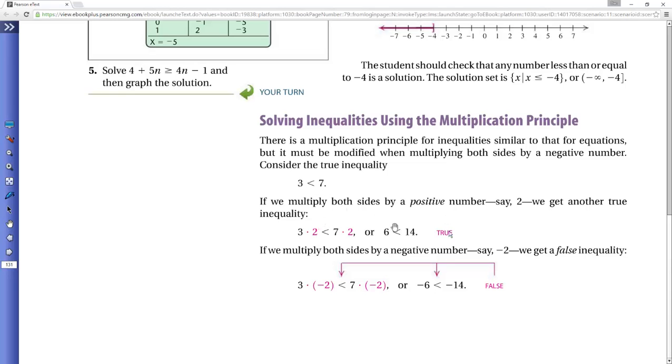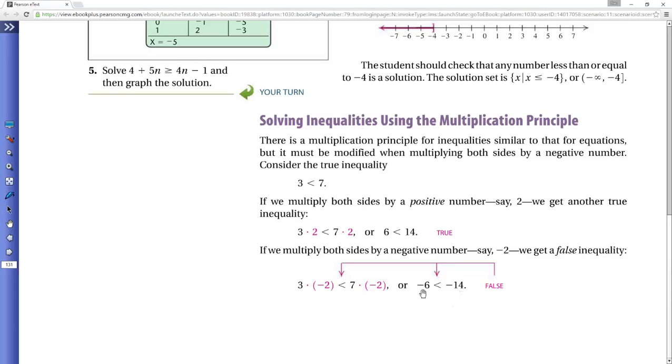Well, if I multiply both sides by a positive number, a positive 2, I still end up with a true or equivalent inequality. 6 is less than 14. But if I multiply by a negative number, if I multiply by negative 2, I end up with negative 6 and negative 14.